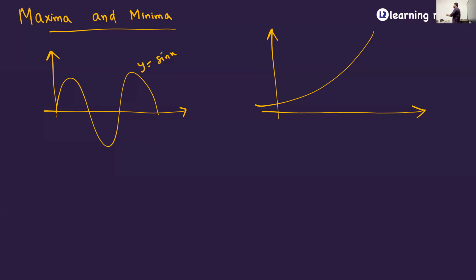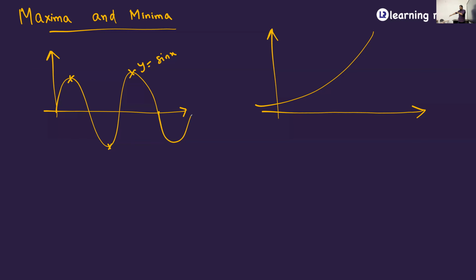But when that kind of behavior is established, the first point to be noted is the function has a point of maximum or a point of minimum. If you observe, this function has multiple maximum points, and it will have multiple minimum points.